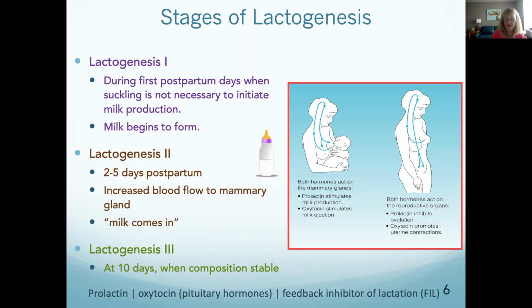So both hormones act on reproductive organs. Prolactin is what inhibits ovulation. And as we mentioned, oxytocin causes the milk ejection, and it also promotes uterine contractions. So here's a maybe not well-known fun fact. When a woman has a baby, there's all this talk about the pain of the labor and everything.